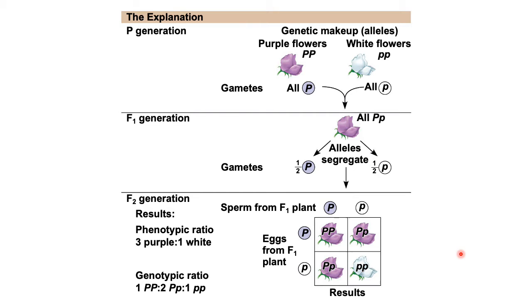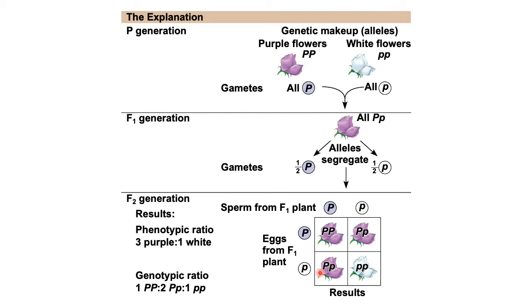So if you did your work correctly, what you would do is write capital P and lowercase p on the top, so that's one parent, and capital P and lowercase p on the side, that's another parent, so this can be male and this can be female. You would draw a square, and then you would simply cross. You would get two capital P's, so this is a homozygous dominant. Then you would get a heterozygous dominant, and so this is capital P, little p, although the dominant trait is being expressed.